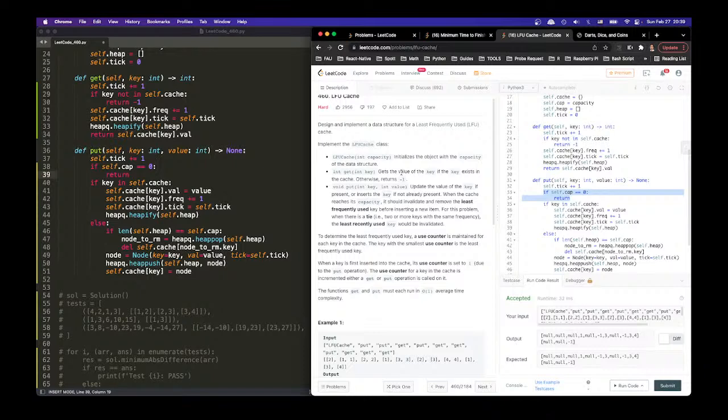If I use one, I also throw it to the end. Huh? Maybe, yeah. Hold on. The least frequently used, right? But how do you know it's least frequently used? Yeah, that's the problem. How do you know?